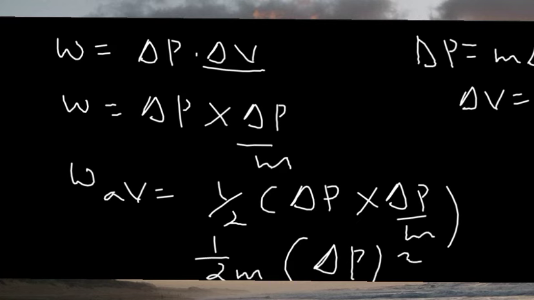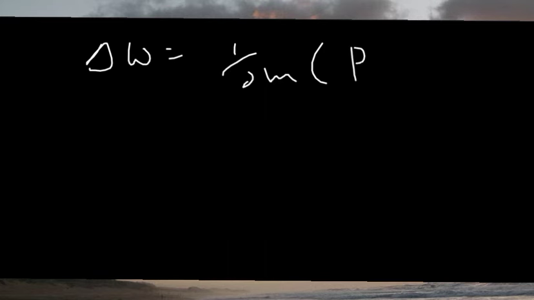That is 1 over 2m times momentum final square minus momentum initial square. So work done is equal to 1 over 2m, momentum final square minus momentum initial square.